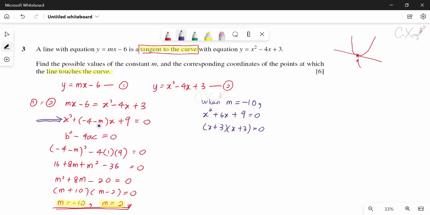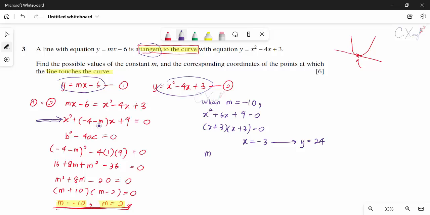Okay, because we already know that it is actually a tangent to the curve, so that's why you should have only one value for x, okay, for each value of m. So x plus 3 equals to 0. Therefore, you're having x equals to negative 3, and substitute x equals to negative 3 into the equation y, or this one also can, up to you. Alright, so the value of y will be equals to 24.